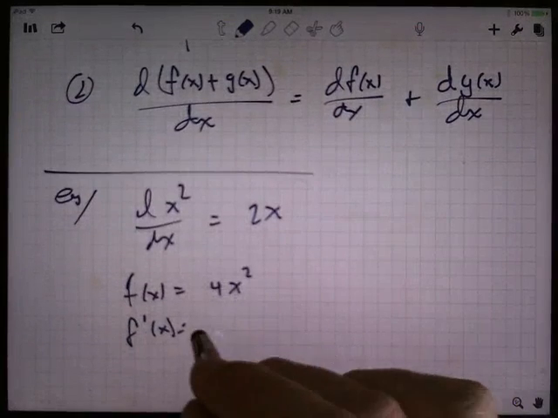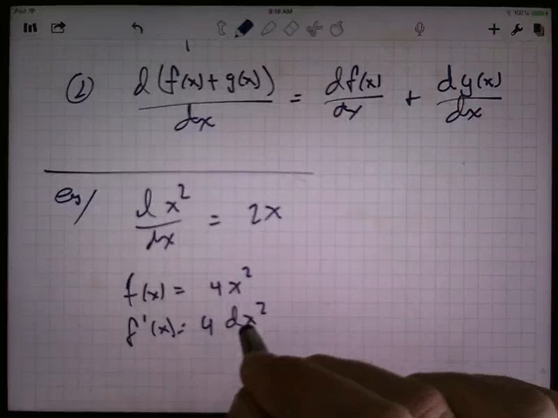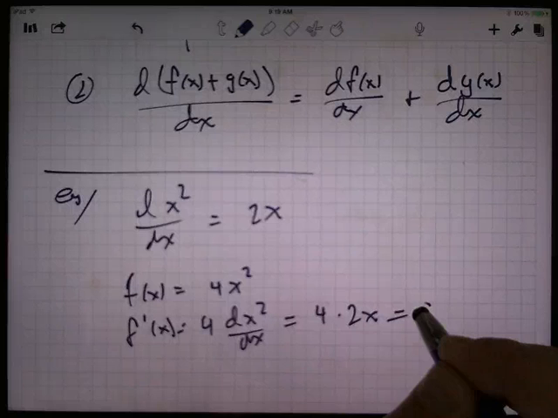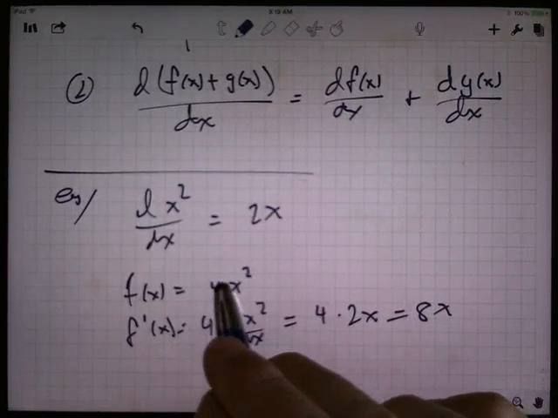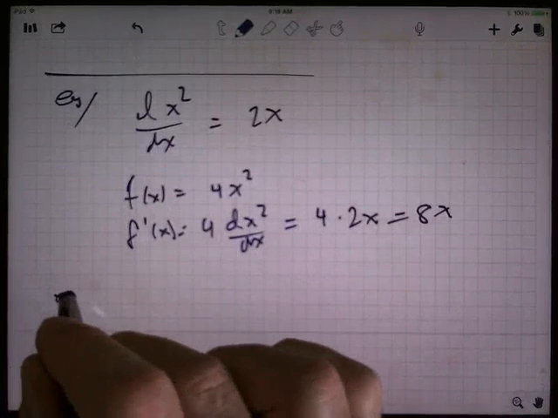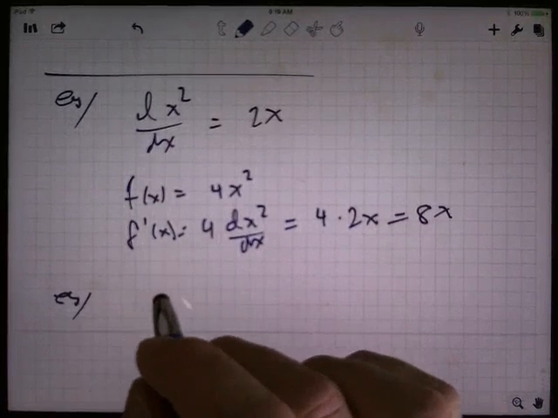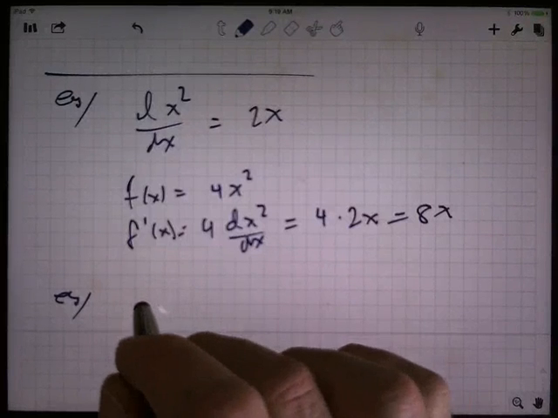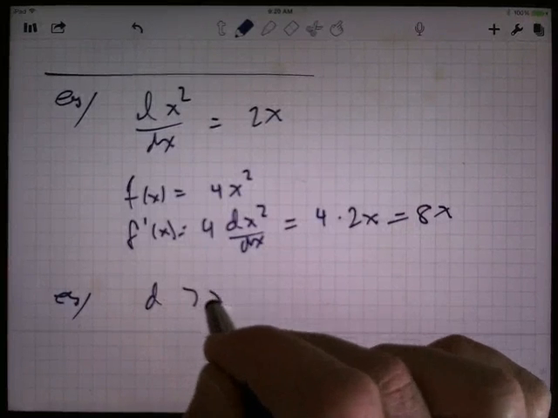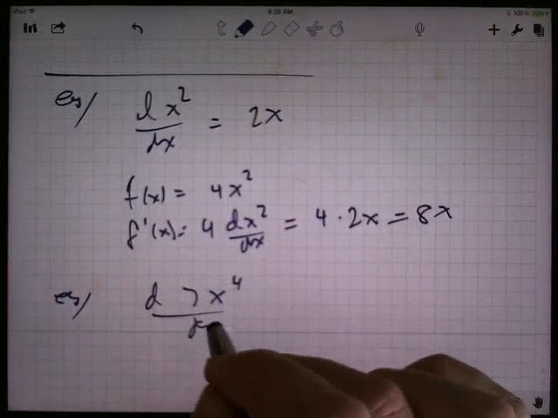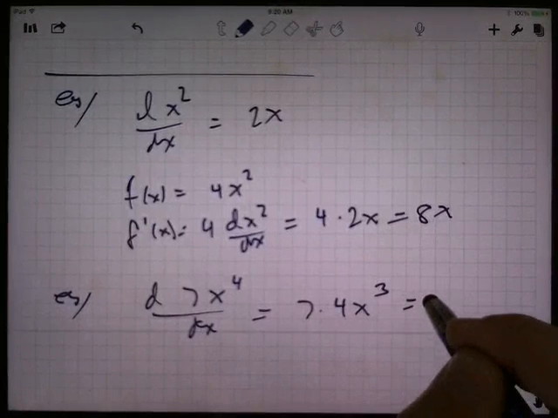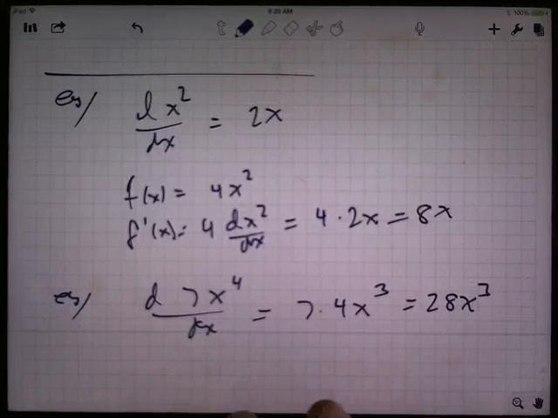So this should be 4 times the derivative of x squared. So that's 4 times 2x, which is just 8x. The 2 just gets multiplied by the 4 to give you the 8, and then you get x to the first power. Another example of that first property: the derivative of 7x to the 4 is going to be 7 times 4x cubed, or 28x cubed.